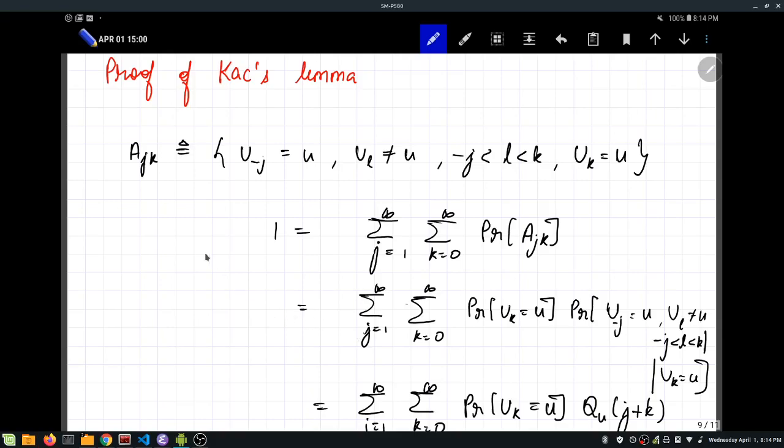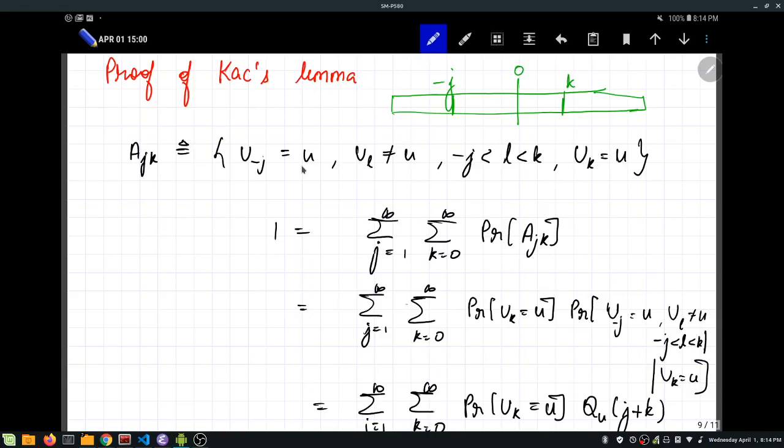Let's define A_jk to be the event that U minus j is equal to U. So we actually look at a slightly larger event. You look at the sequence, look at time 0, you consider any instance k, and look at location minus j.